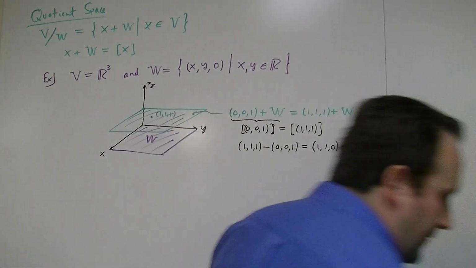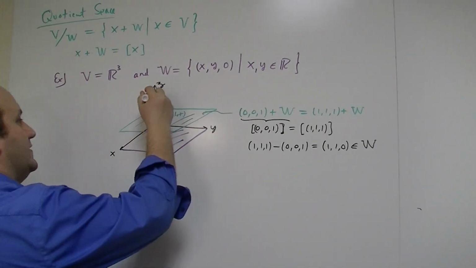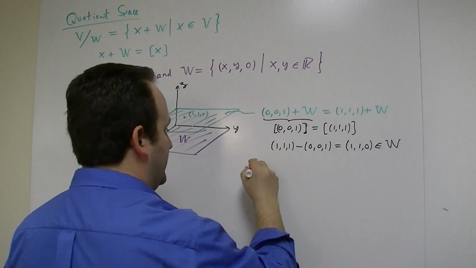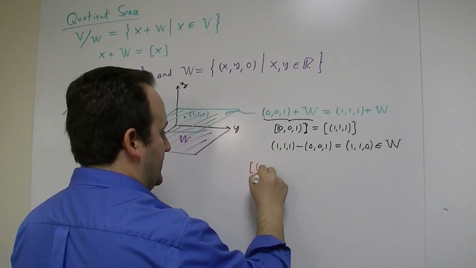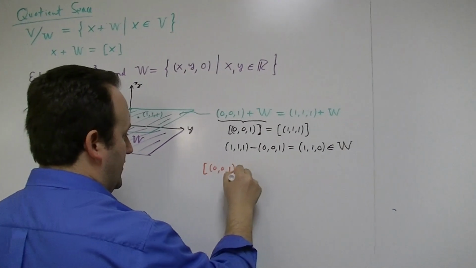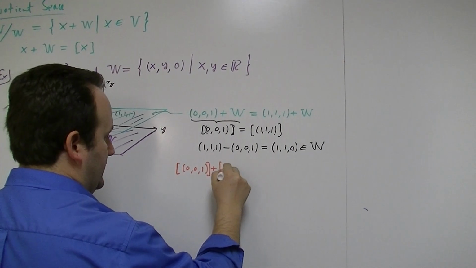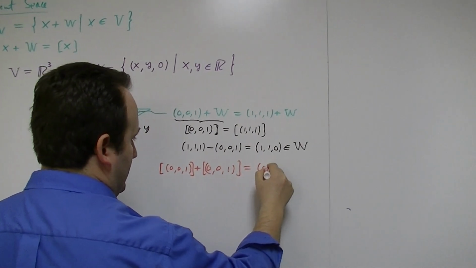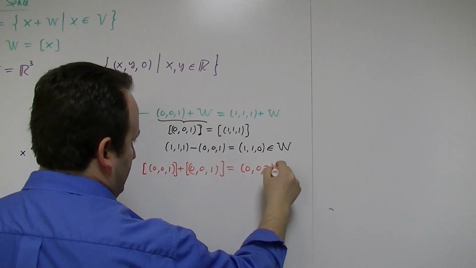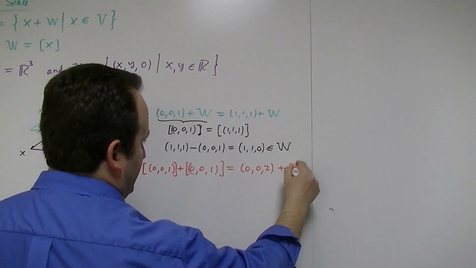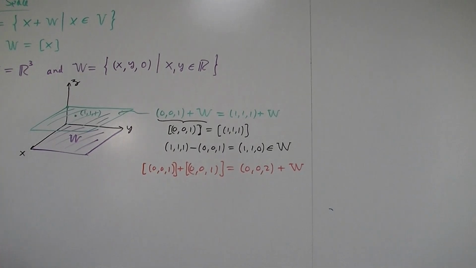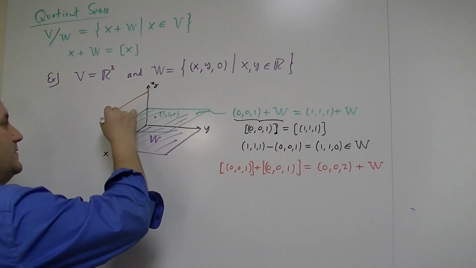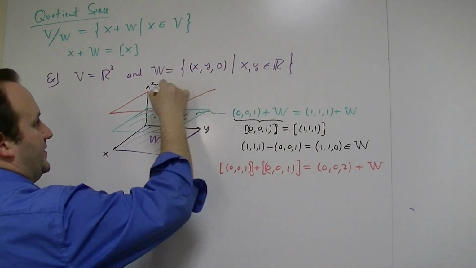We can picture another one while I'm at it. Another coset would be something like, suppose I took this and added it to itself. So for example, (0, 0, 1) plus (0, 0, 1), like add the coset. What would you get? You get (0, 0, 2) plus W. I'm bouncing back and forth between these two different notations, but geometrically, if you add this plane to itself, you get this guy up here.